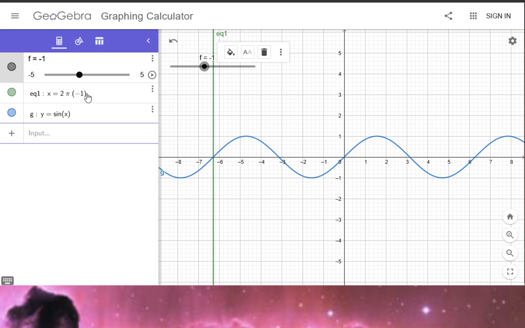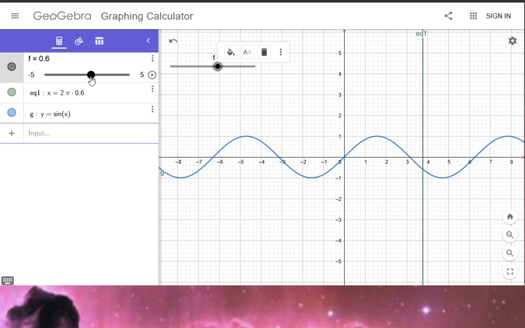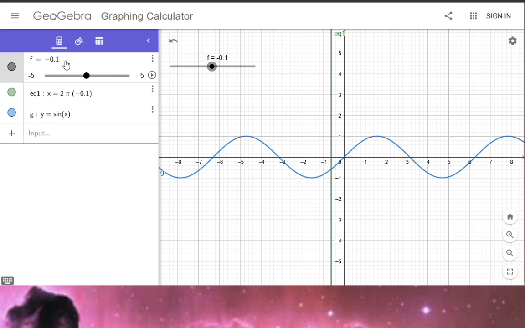Wait a minute, this should be, because that only goes up to 5. The frequency should go from 0 to 360. Now see, it's going to go way off the scale.